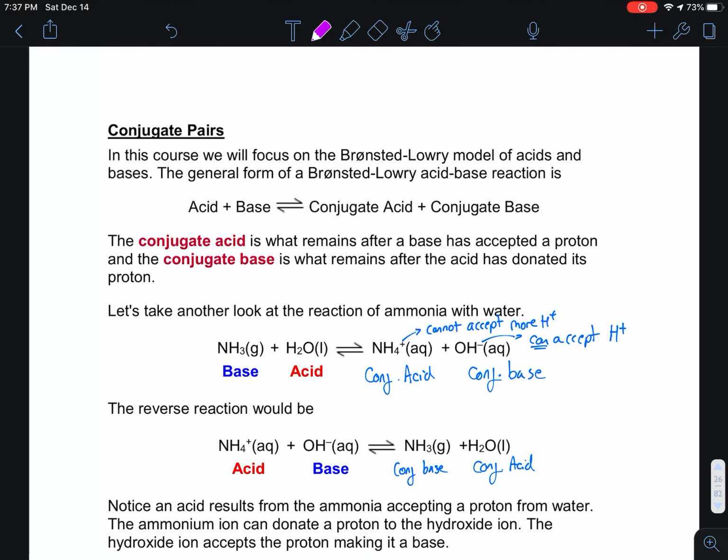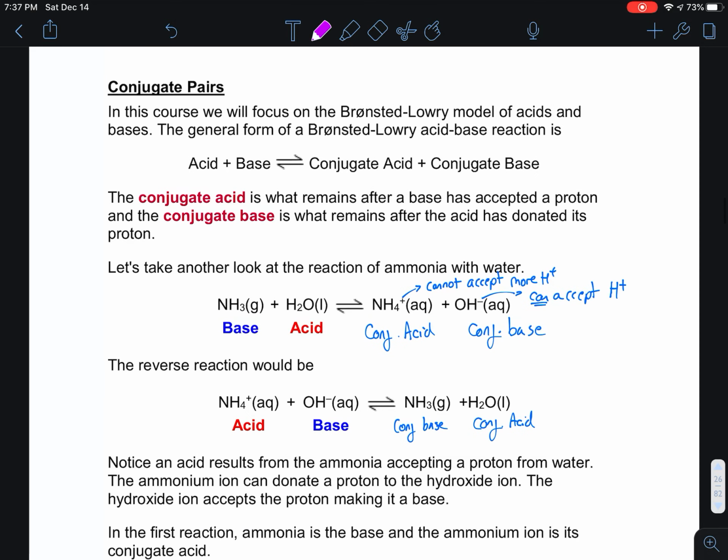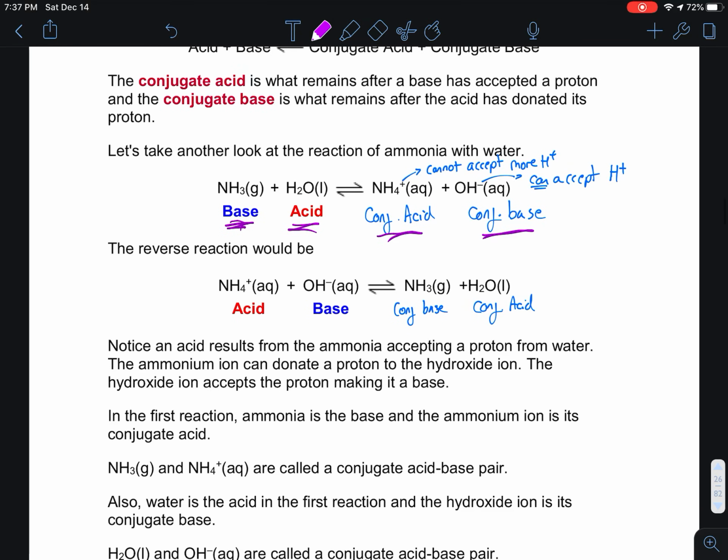All right. So this is where we start talking about the conjugate base pairs. I've already hinted at this, but this is what's happening. If you have a base and that base absorbs a hydrogen, it now has an extra hydrogen, and it has become a conjugate acid. An acid that loses its hydrogen will now have a spot where a hydrogen used to be, so that makes it a base.